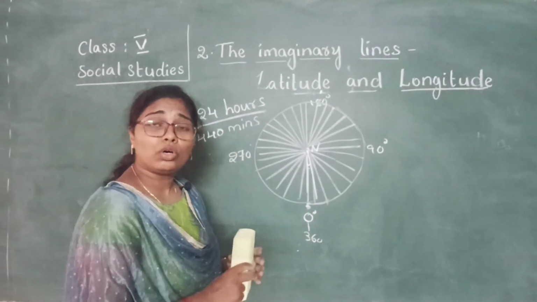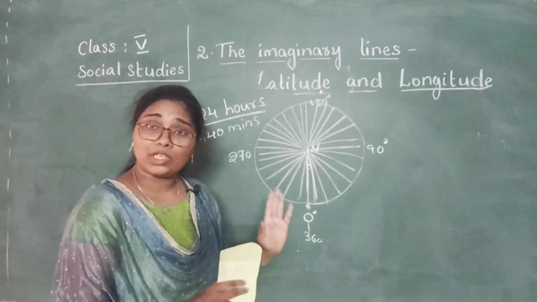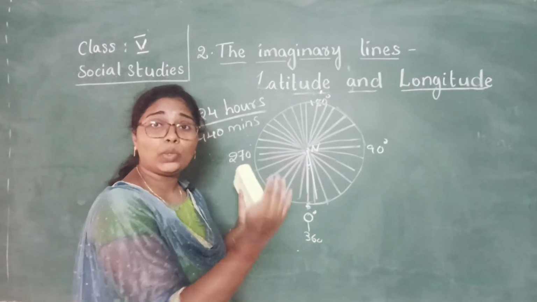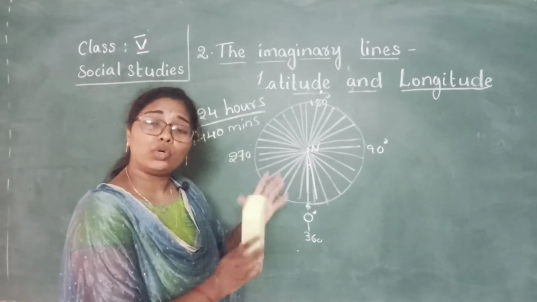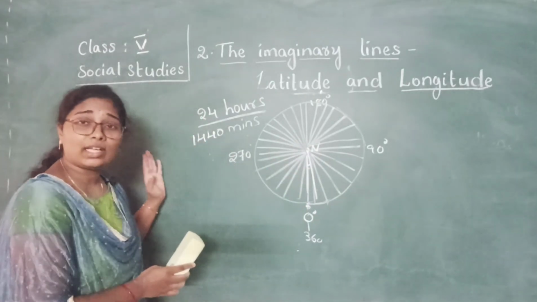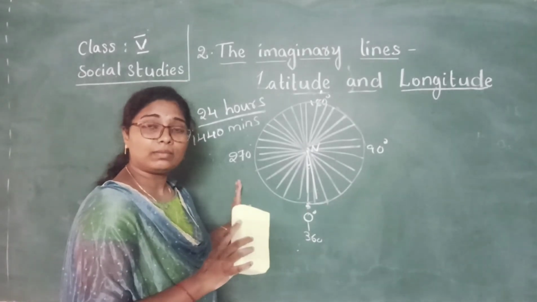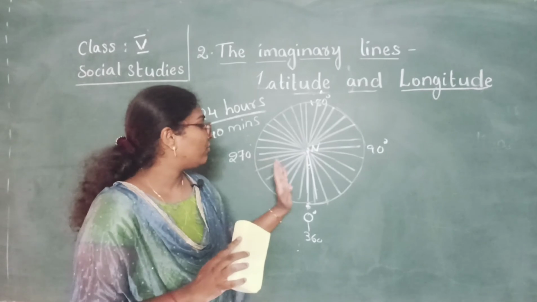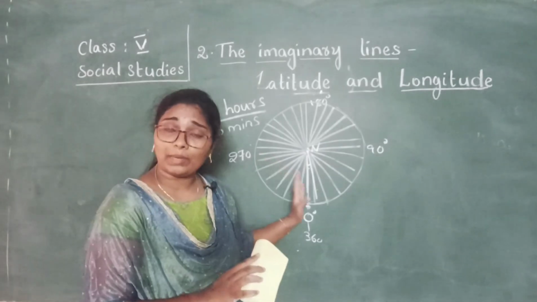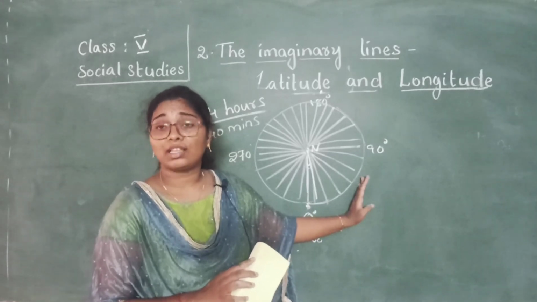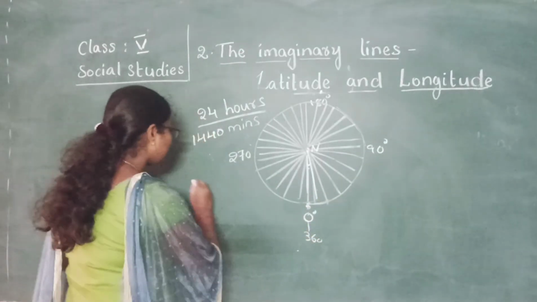Right, Nana? So to calculate time from 0 degree longitude, if you are moving towards east, you will add the time. If you are moving towards west direction, then you will subtract the time. Right? So the time difference from this Greenwich to India, it is 5 hours 30 minutes. Right?